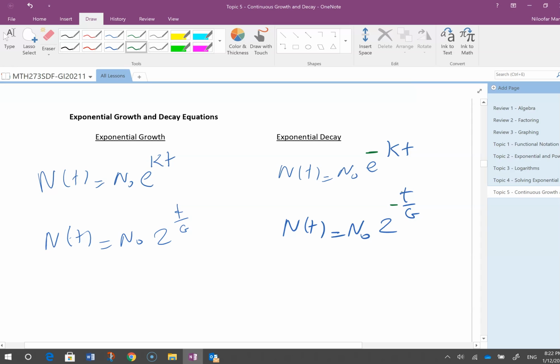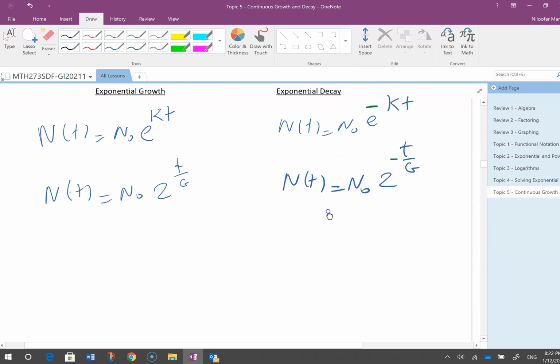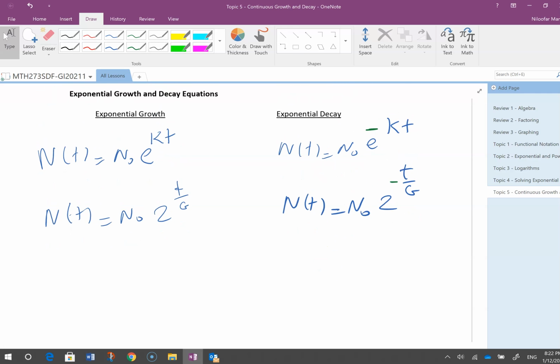t is changing, N(t) is calculated. In both cases, k is, for example, the growth rate; on the other side, k is the decay rate. g in one of them is the doubling period, T2.